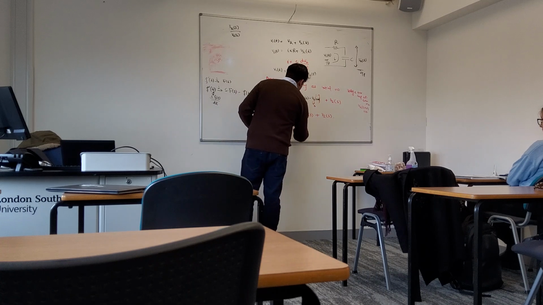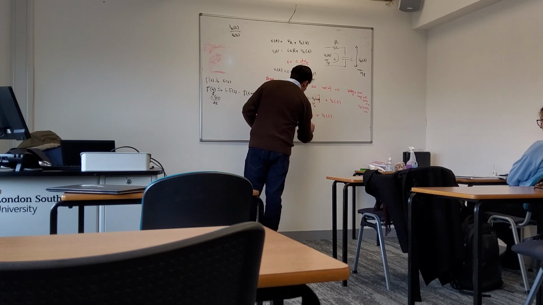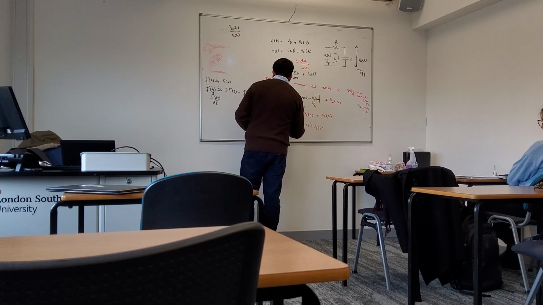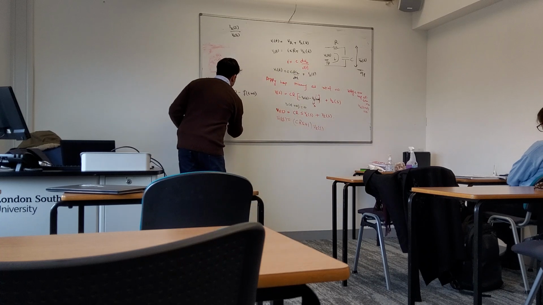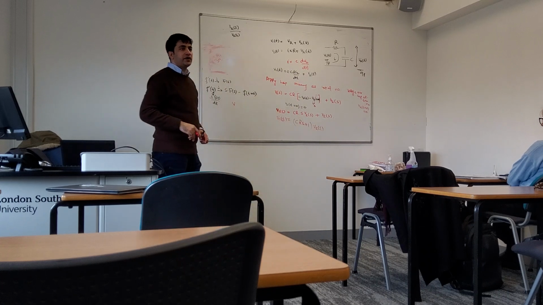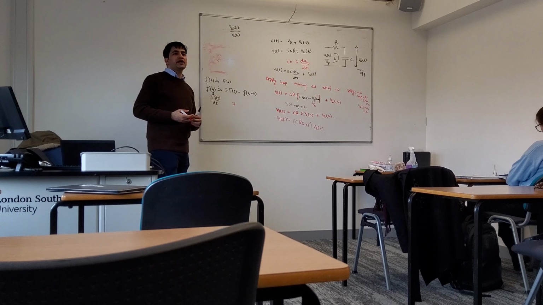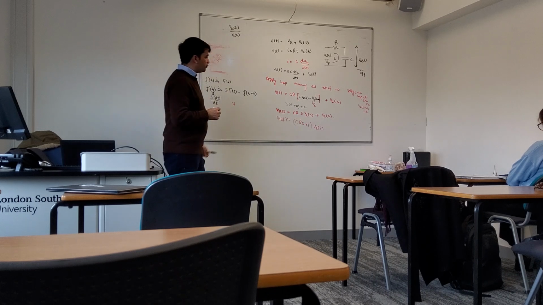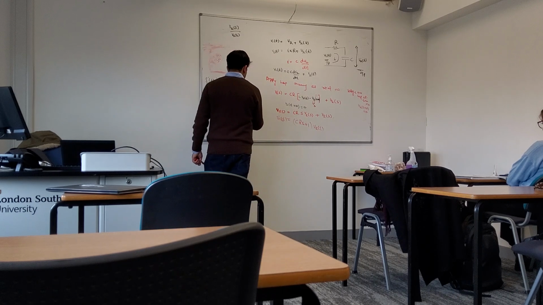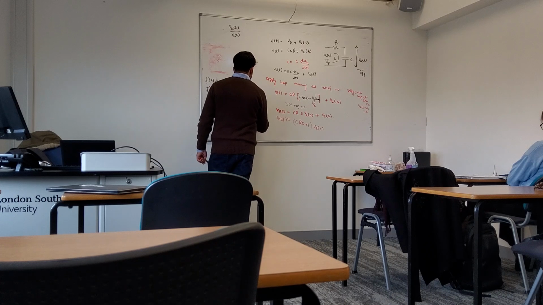Finally, I can take (CRs plus 1) times V2(s), and on this side is V1(s). The transfer function is always output by input. So we want to find V2(s) divided by V1(s).